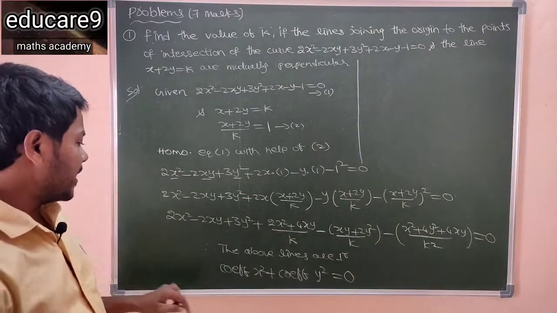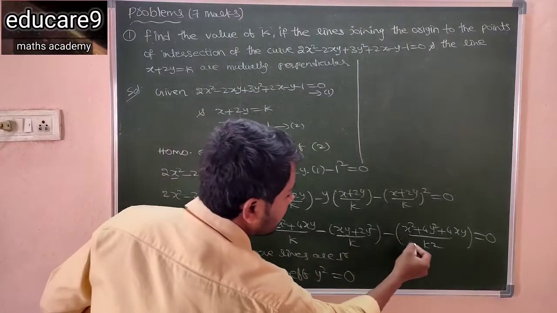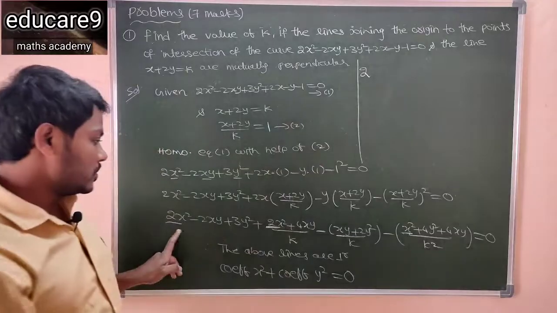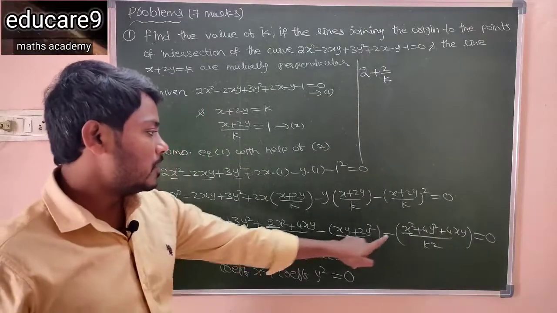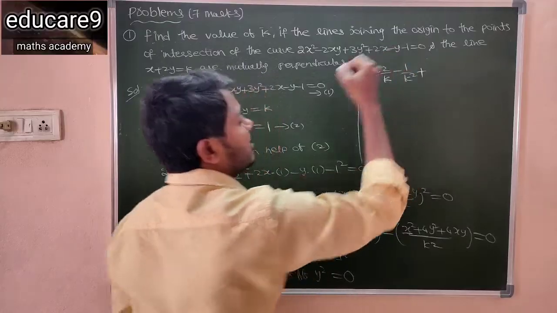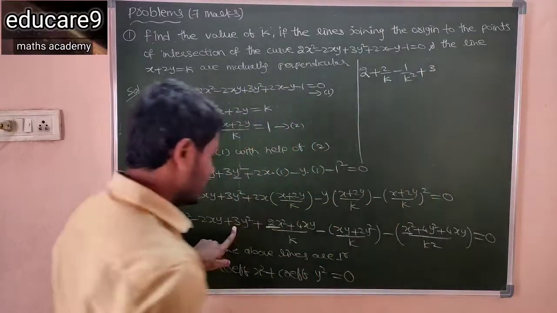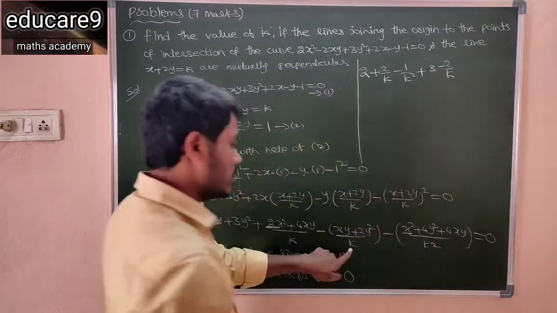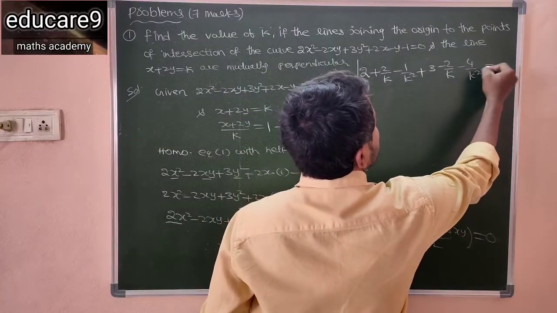So once you observe the coefficient of x²: here 2, next 2/k, next 1/k². So coefficient of x² is 2 + 2/k, next minus 1/k². Plus coefficient of y², 3, next minus 2/k, next minus 4/k², is equal to 0.